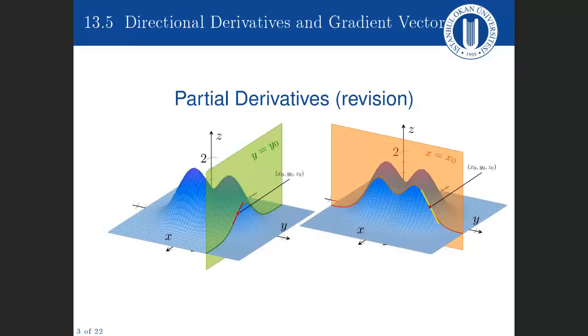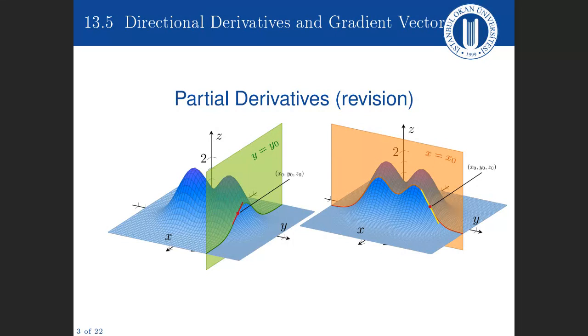I'm going to start with a quick recap of partial derivatives. What do partial derivatives mean in terms of pictures? For a partial derivative, we're interested in how the function changes if we fix one of the variables and let the other one change.